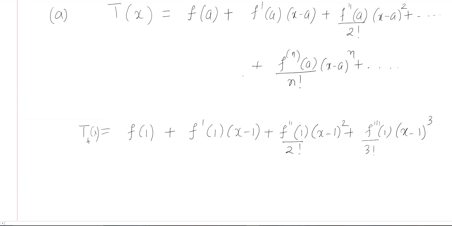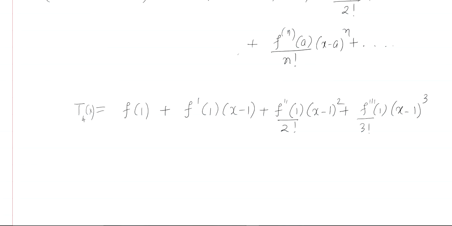So this would be the first four terms. The general term would be equal to the nth derivative evaluated at 1 divided by n factorial times x minus 1 to the n, and then plus dot dot dot.